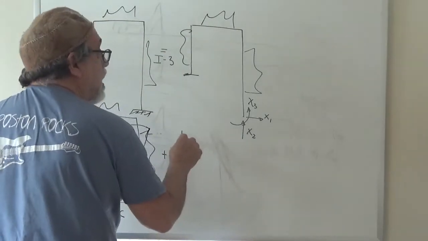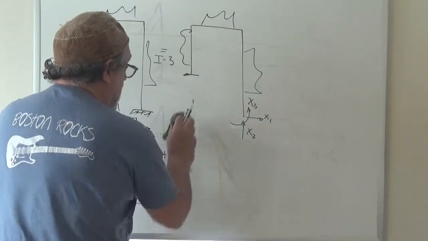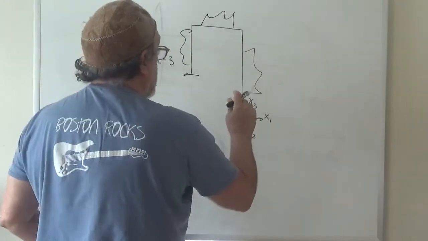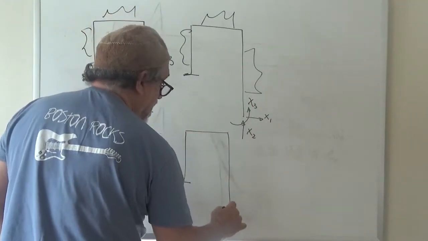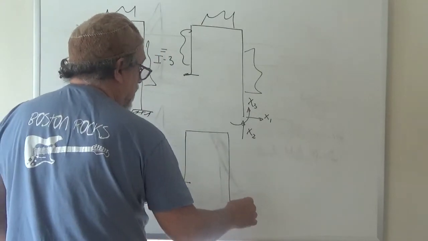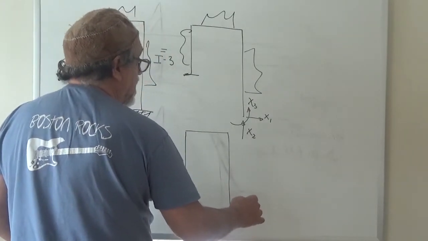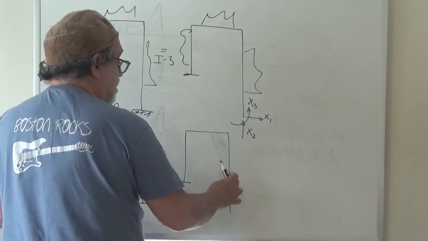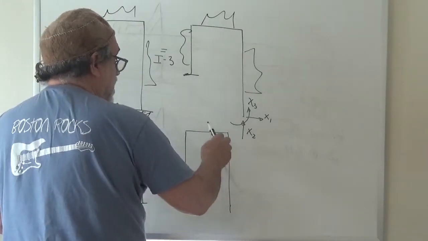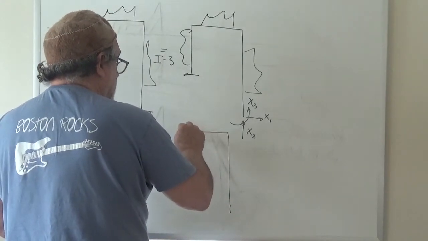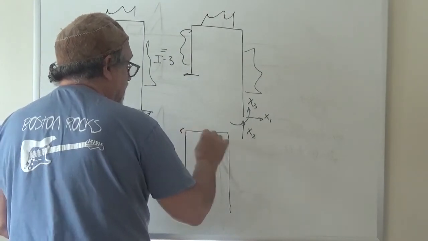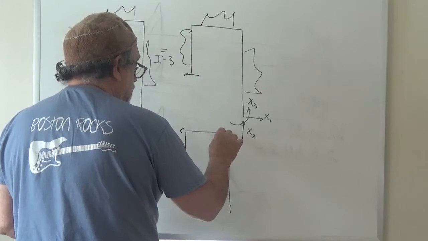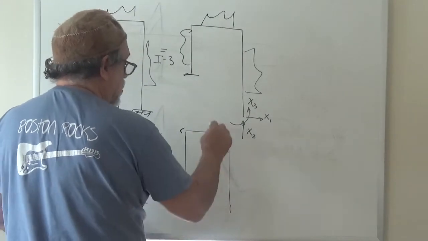The frame is here, frame is here, and then we do this, and then this. So if I draw this joint slightly this way and slightly this way, I would draw this joint.